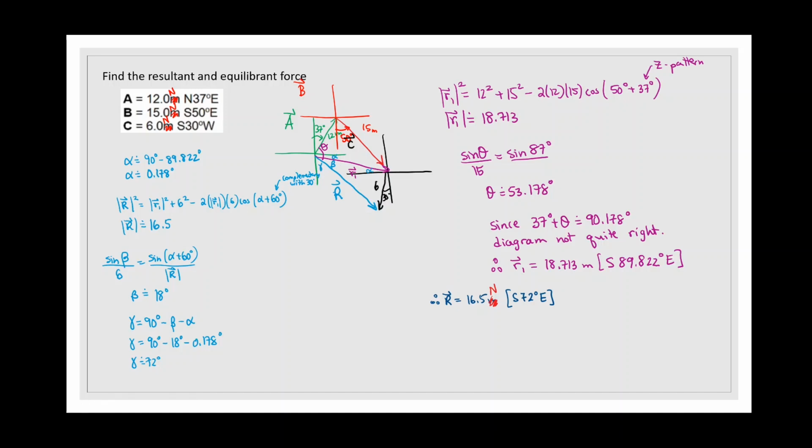And then, because you want to quote it in relation to the south line, I call this angle right here gamma. To find gamma, it would be 90 minus beta minus alpha, because that's the complementary. That 90 degrees gets split up by alpha, beta, and gamma. And so you would get the 72 degrees, which we did have before.